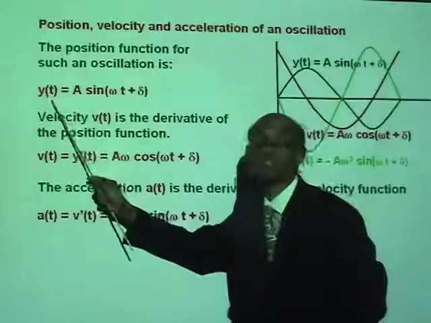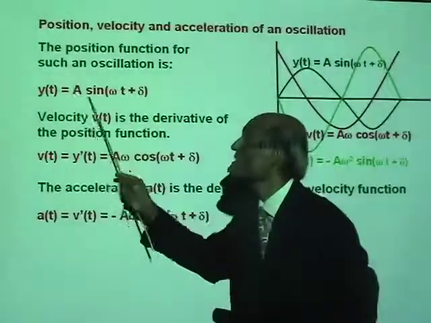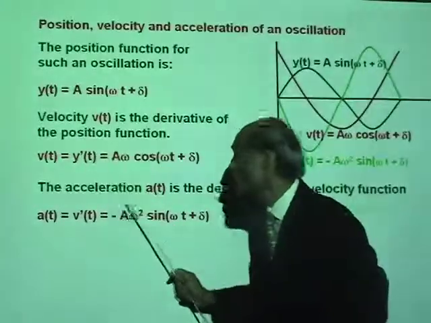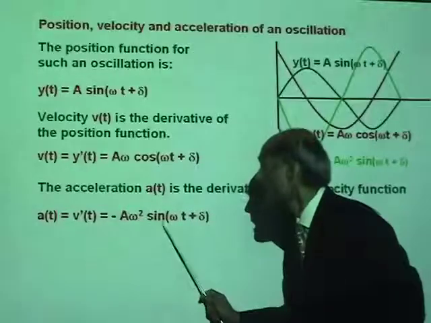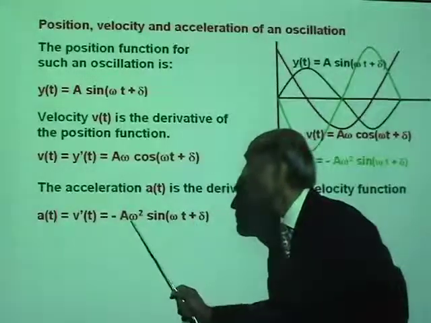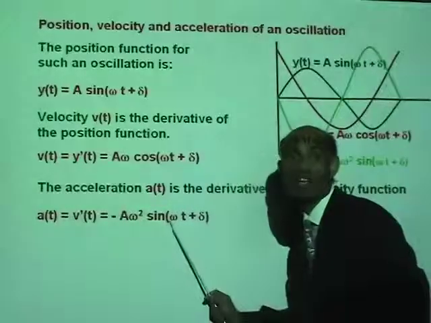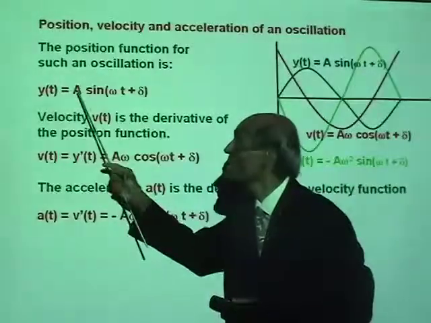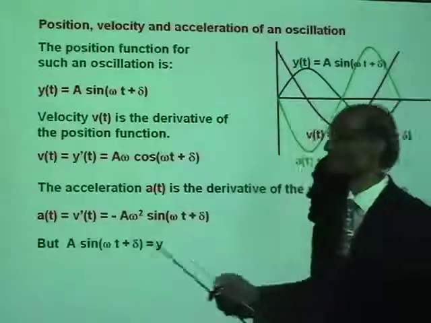Look at the position function. A sine(omega t plus delta) is the displacement equation. So if you come down here, watch this. A sine(omega t plus delta). I'm going to remove this quantity and replace it by y, because y is a sine(omega t plus delta).